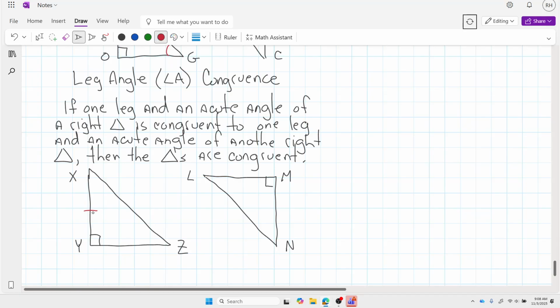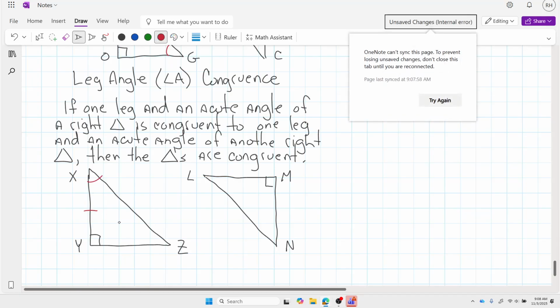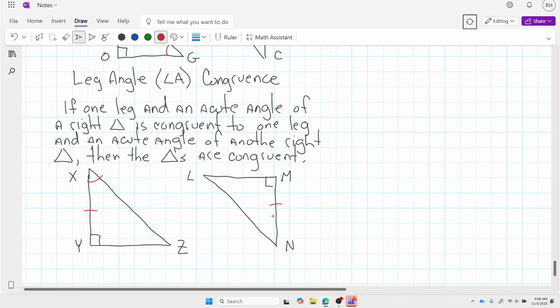So a leg and an acute angle congruent to a leg and acute angle. Very similar to angle side angle, isn't it?